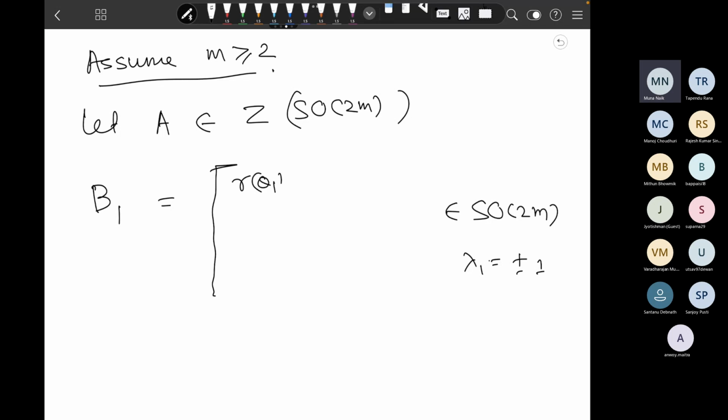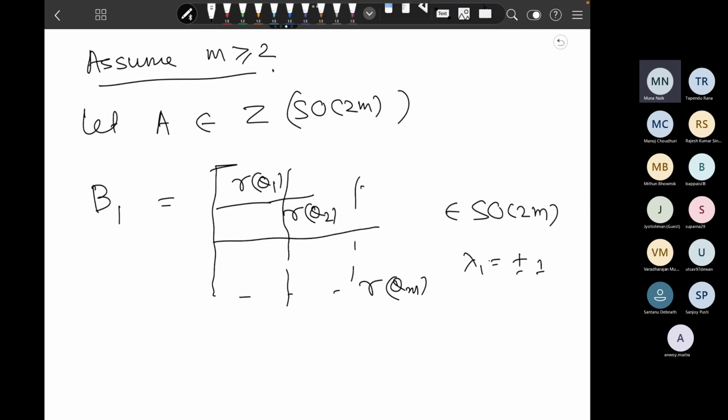this is a 2 by 2 block. Okay. R theta 2 and R theta m. So the diagonal entries are constituted of 2 by 2 blocks, and this is just R theta 1, R theta 2 and R theta m.